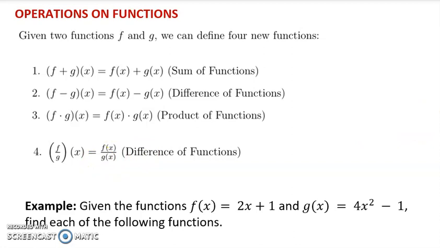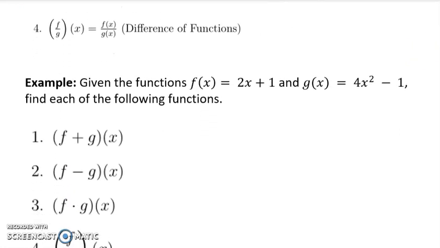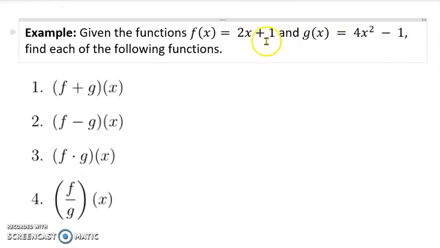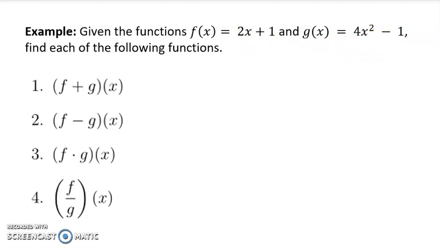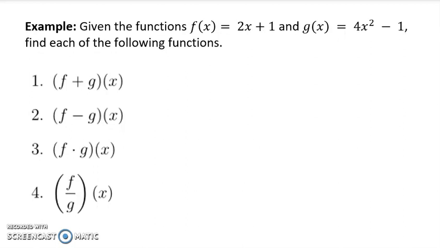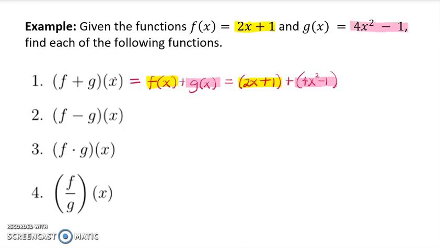Okay, so for example, suppose we have f of x and g of x defined by 2x plus 1 and 4x squared minus 1. We have to find the following. First, f plus g of x.